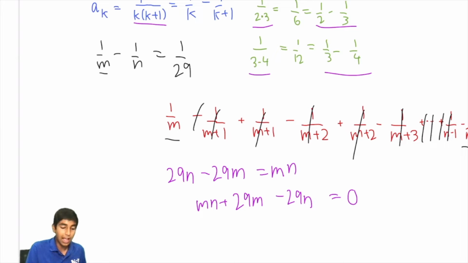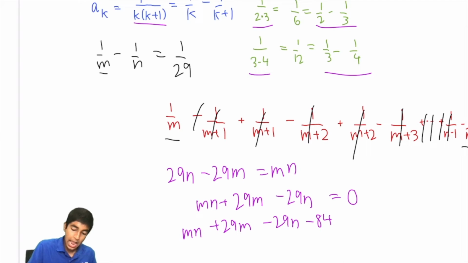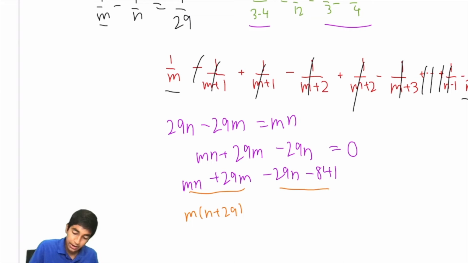Mn plus 29m minus 29n equals 0. Now, we could use Simon's favorite factoring trick here, which means that we subtract negative 841 from both sides. And from here, what we notice is that these two terms have m in common. So m times n plus 29. These two terms have a negative 29 in common.